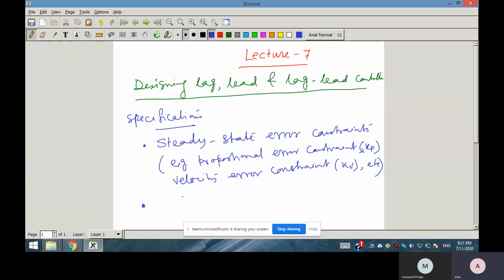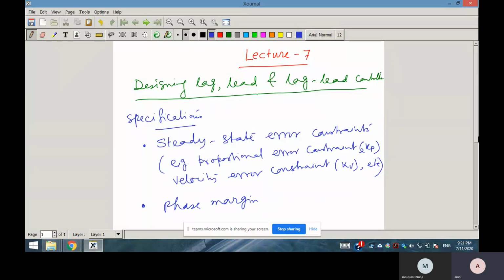So these are the steady state error constants we want to meet using lag, lead, and lag-lead control. And then phase margin. We also have to meet the phase margin. This is one of the major specifications. Phase margin is equivalent to the damping ratio zeta. The peak overshoot of a system depends on the damping ratio.